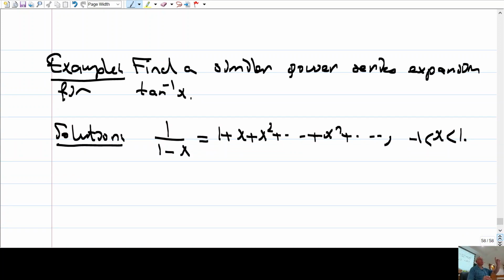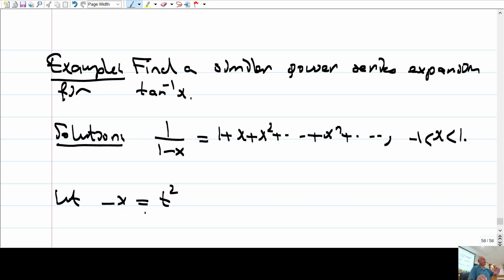Remember, arctangent x is the integral of 1 over 1 plus x squared, right? So instead of minus x, if I had plus x squared, then I would just integrate it and obtain arctangent x. But we can do this. So let minus x be t squared.